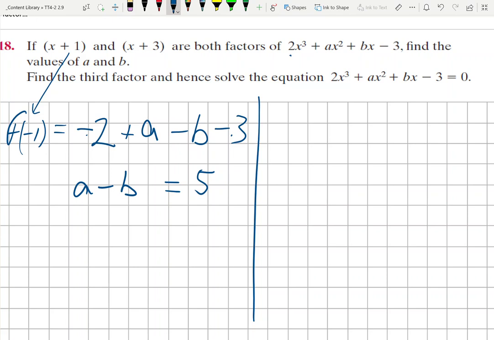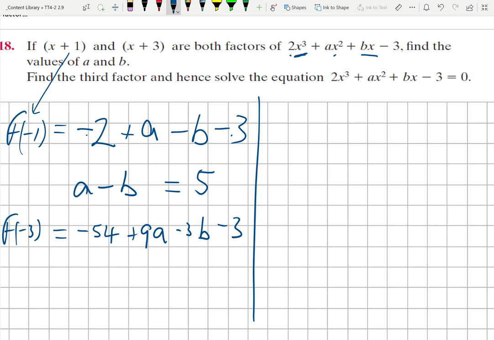Now f of minus 3, we're basically going to be seeing 27, 9, and 6 in the following way. 3 cubed is 27. Double that is 54, but there's a minus in there. 9a, and 3 just on its own, negative 3b.